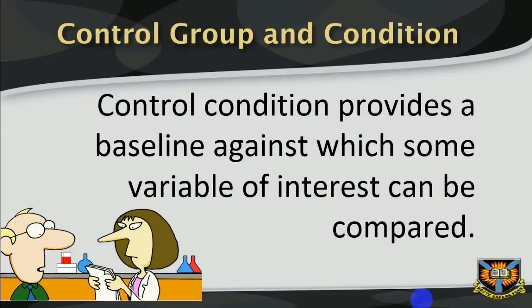Sometimes the control condition is contained implicitly within the experiment. Recall the memory experiment discussed earlier, in which the independent variable was the number of repetitions of an item: 1 or 5. No experimenter would bother to include a control group or condition with 0 repetitions, since no learning could occur under this odd circumstance.